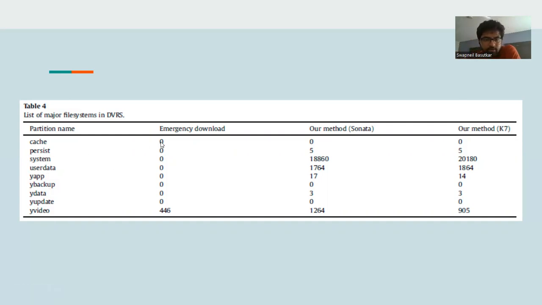Using the emergency download, nothing was extracted, just the Y video, 446, this is just a parameter. And if you see the method proposed in this paper, the persist, the system, the user data, Y app, or Y data. So here's a lot more information. There's a hell of a lot of information compared to the emergency download, and this is the main goal of this paper.